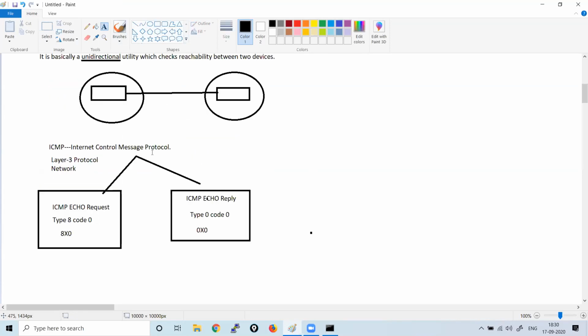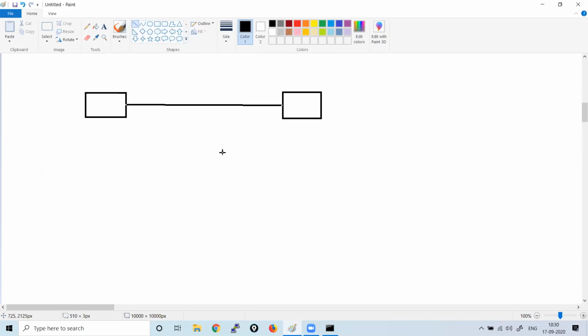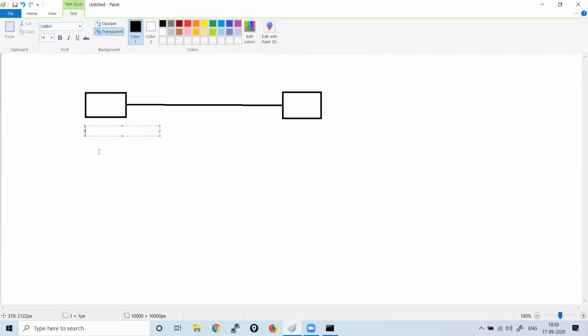Now, when the ping is returned, for example, I'll take an example of two devices. This is my PC. From this PC, I am generating a ping to another PC in the same network. The IP address of this PC is, I'm considering this one with a /24 value.